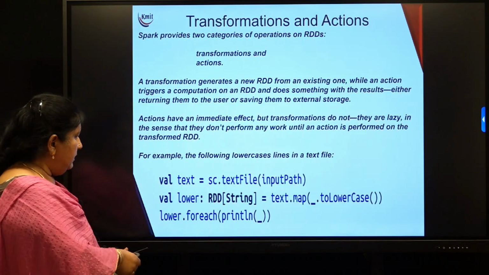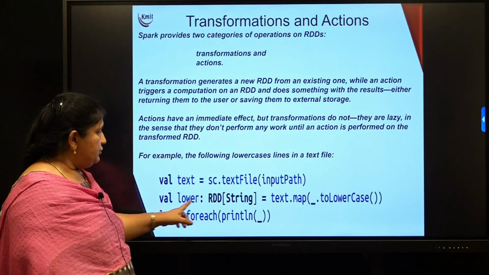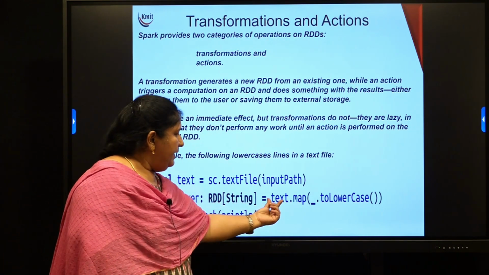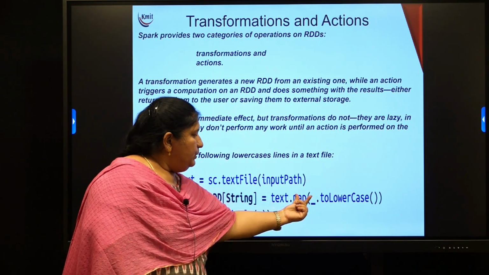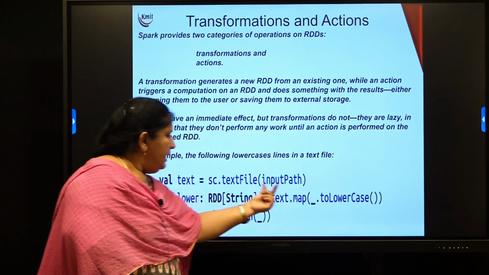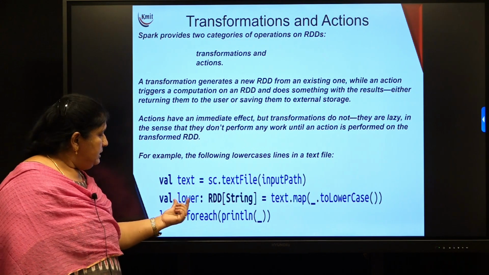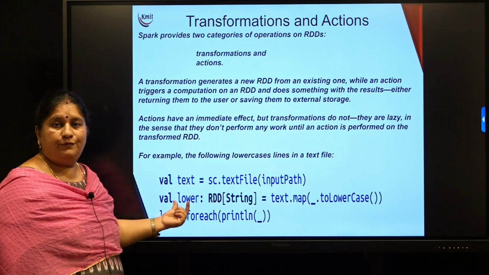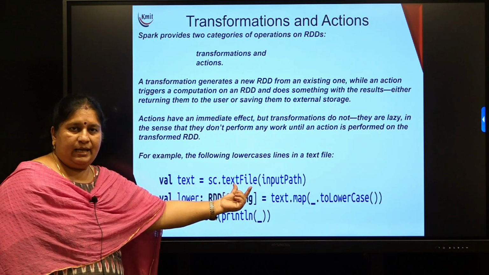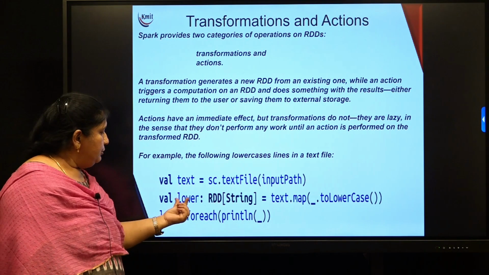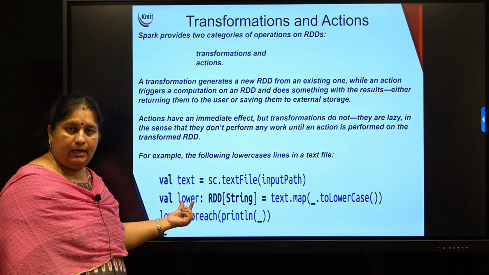Just quickly look at the previous example. What are we trying to do in this line? Whatever text we have read from the file will be converted into lowercase and you are holding it in the variable called lower. So, in this case, what will be the content of lower? The same data we read from the file, but in another format. So here the return type is an RDD.